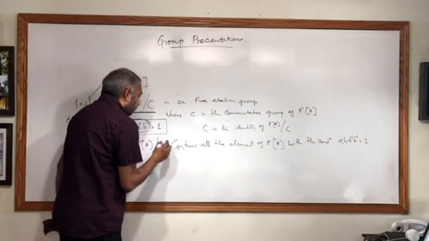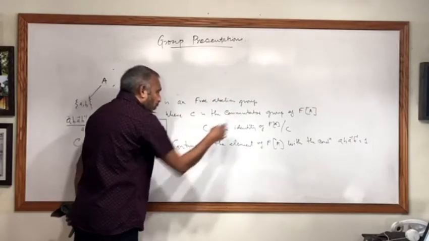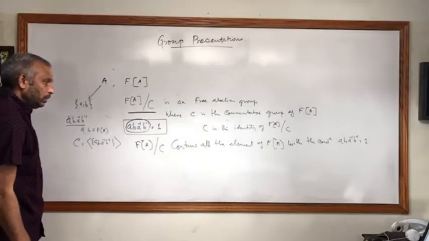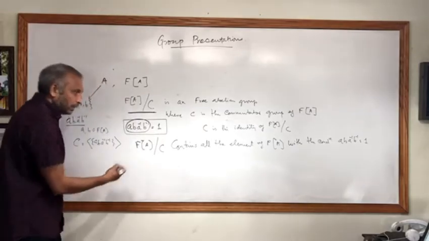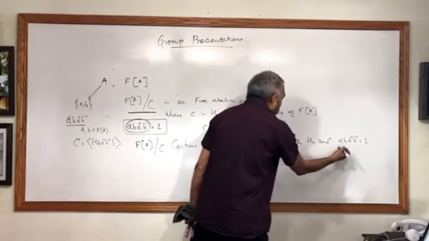Actually, this is isomorphic to the group containing this, because this actually contains all the cosets, but that will be isomorphic to a group with this.